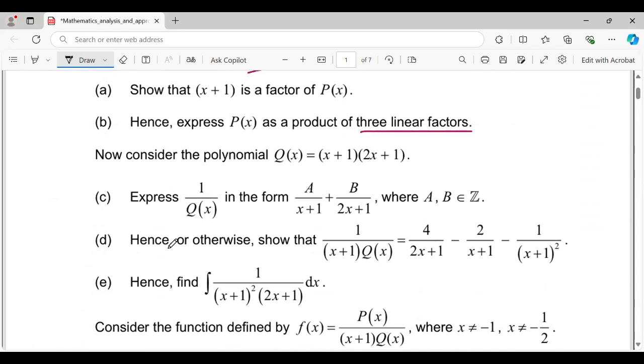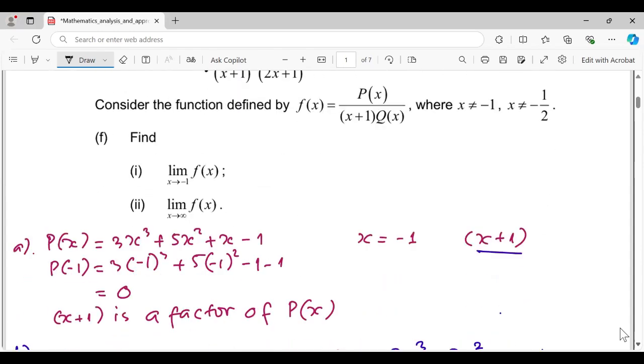D, hence, or otherwise, show that 1 over x plus 1 qx equals 4 over 2x plus 1 minus 2 over x plus 1 minus 1 over x plus 1 squared. Okay.